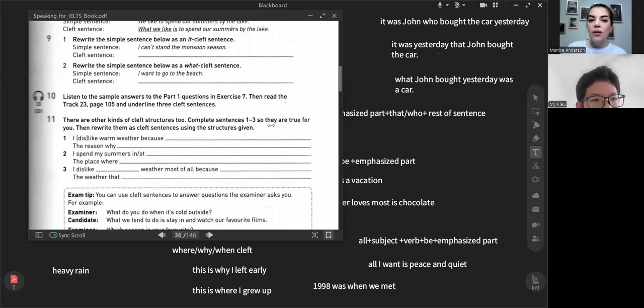Complete sentences one, two, three so they're true for you. It's about you. Then rewrite them as cleft sentences using the structure given. I dislike warm weather because. Like or dislike, because it's in brackets, it's your choice.